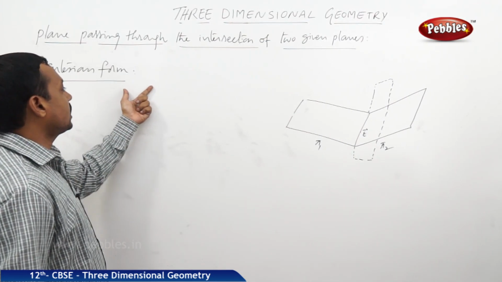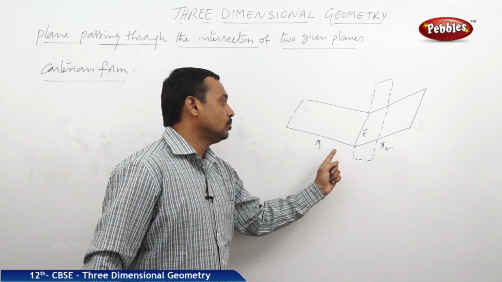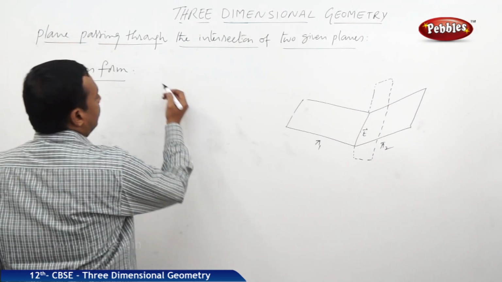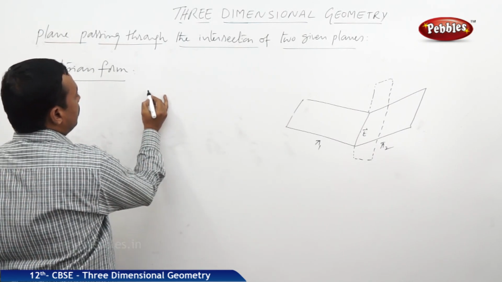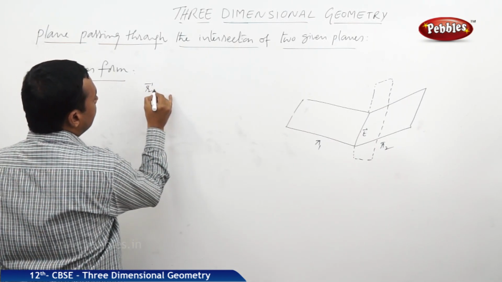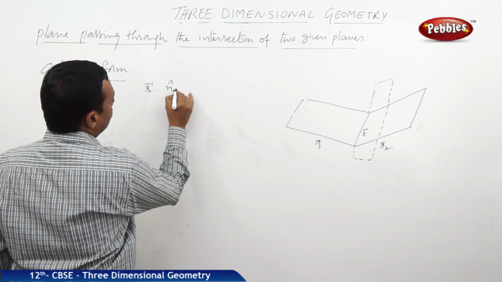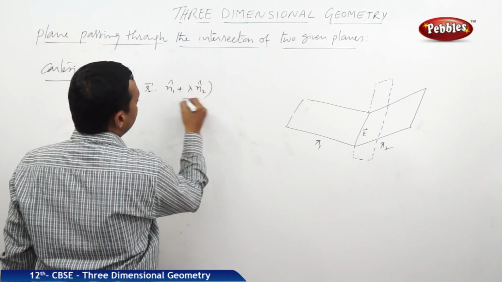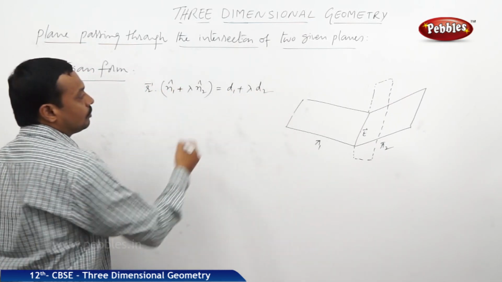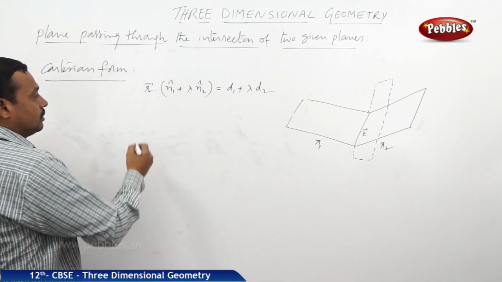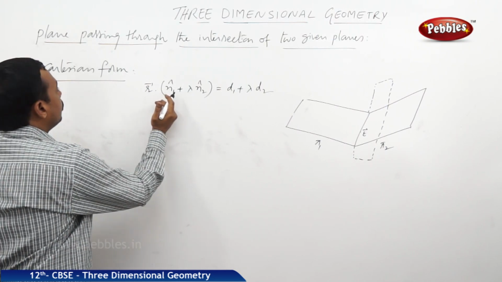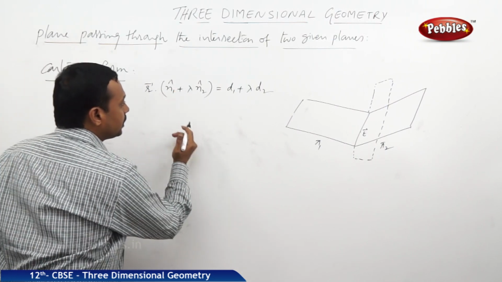We can define the Cartesian equation of the plane that passes through the line of intersection of the two planes. It is already defined as the vector equation of the plane: r bar dot n1 plus lambda n2 is equal to d1 plus lambda d2, where lambda is any real number. Now this is the vector equation of the plane. Now we are going to convert this vector form into Cartesian form.